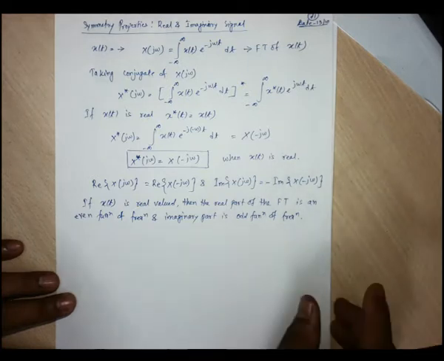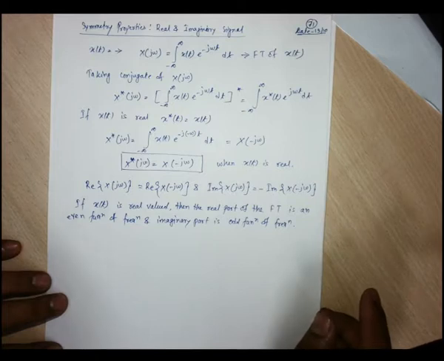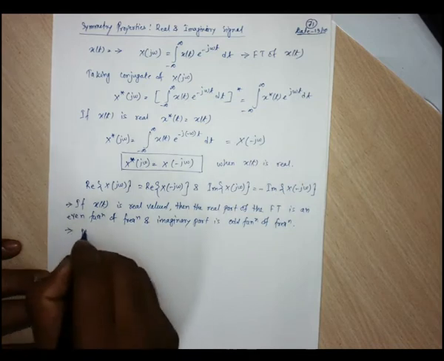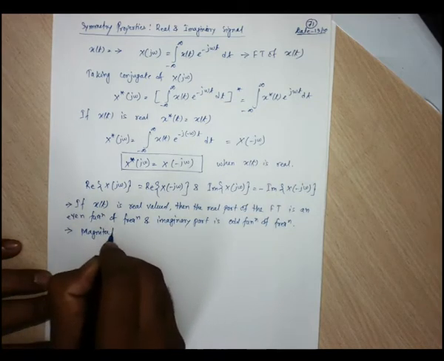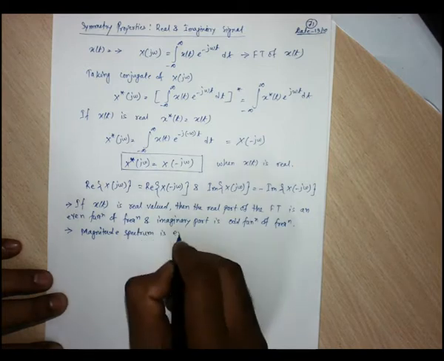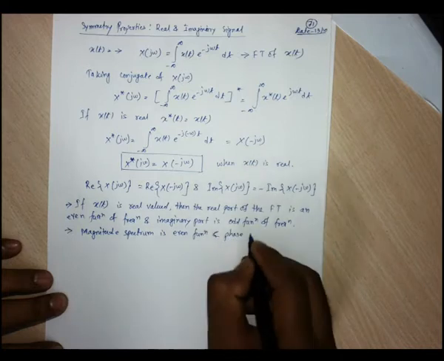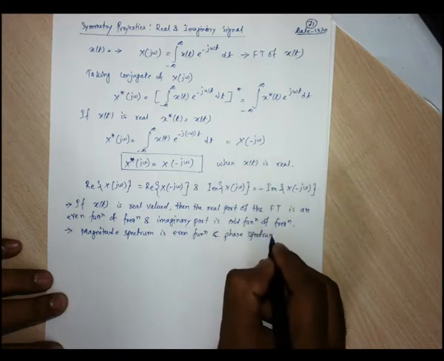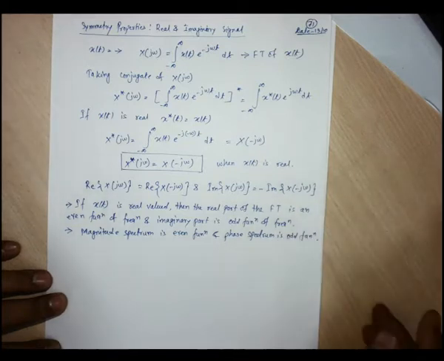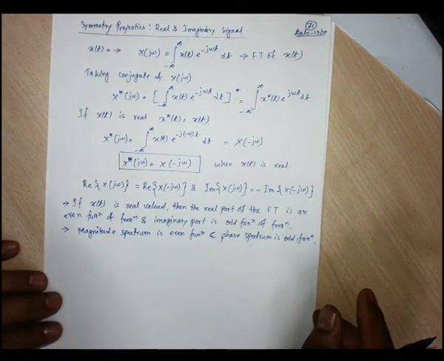So the magnitude spectrum is an even function and the phase spectrum is an odd function. This is equally applicable for other transformations also.